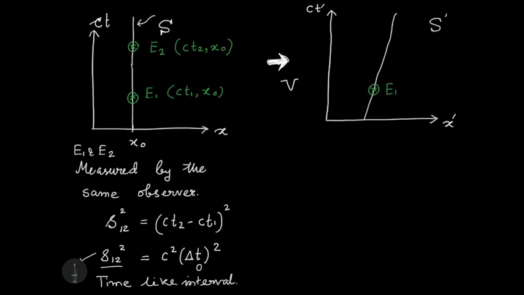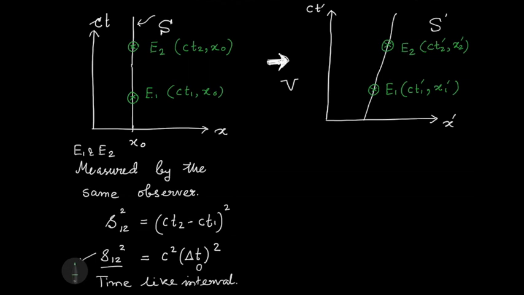So this is the event e1, and now I write down the coordinates in terms of the measurements in the S prime frame. So I call them prime, and then e2. You see, it has to be x1 prime and x2 prime now, because they're definitely not happening at the same position.